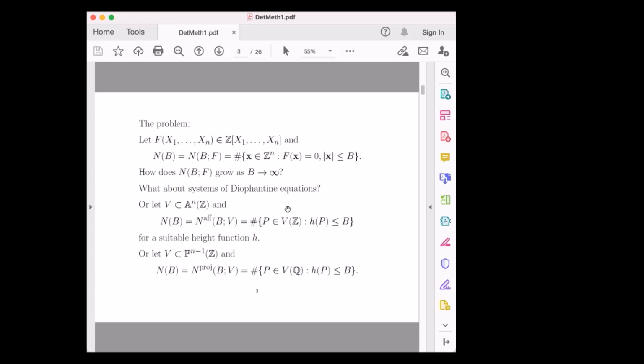Alternatively, one can think in terms of an algebraic variety V in affine space, defined over the integers, and look at the affine counting function for that variety, which will be the number of integer points on V with height at most B, where the height of the point is defined in terms of this norm constraint.